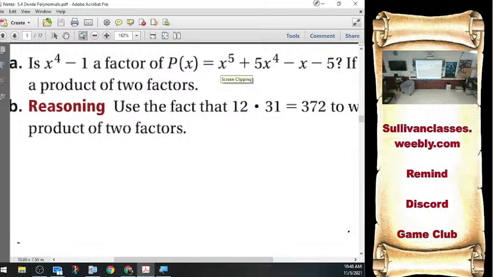Yes, you need placeholders. Yeah, you do. Yes, you can do it.